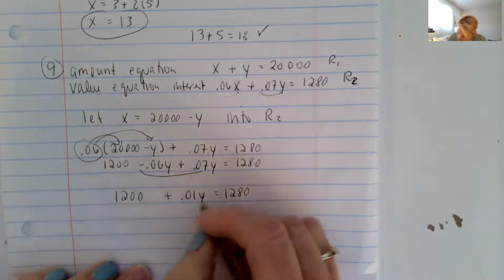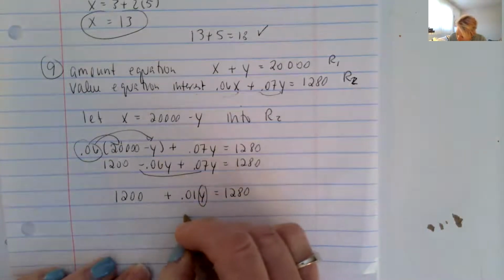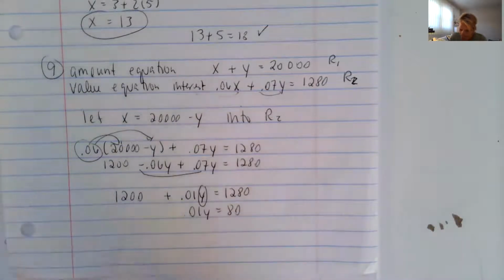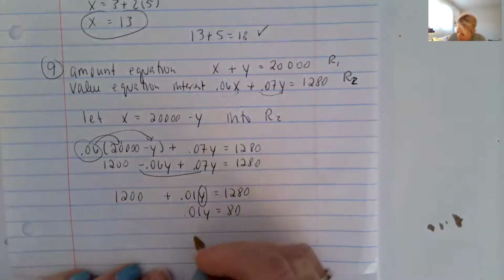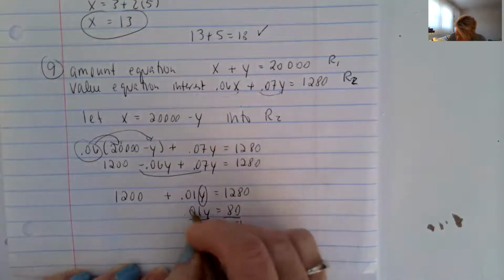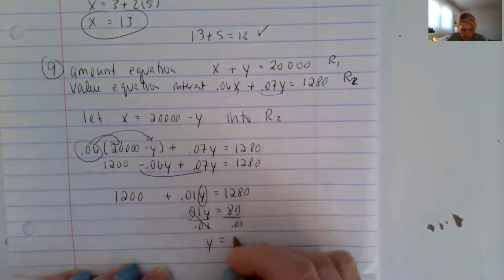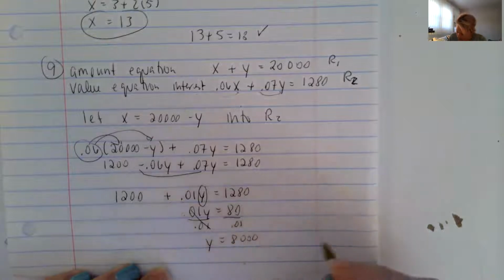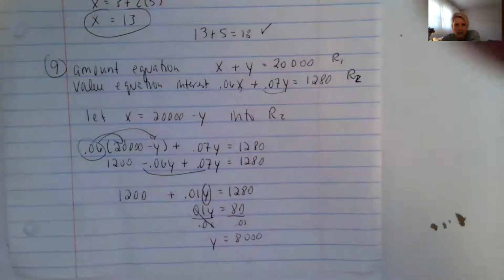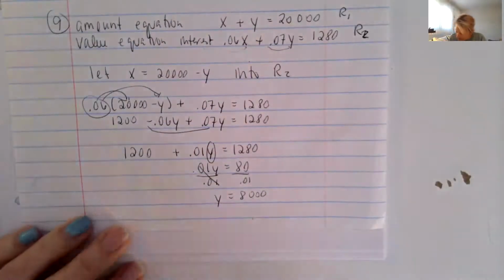Then we're going to subtract, I'm trying to solve for Y, so we're going to subtract 1200 from both sides and we get 80. And so 80 divided by 0.01. So Y equals $8,000. So I invested $8,000 at 7%.